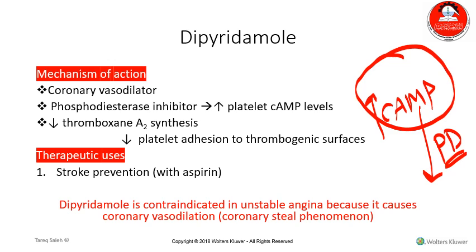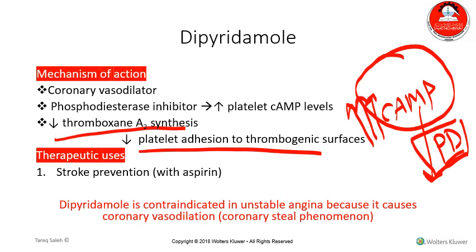By inhibiting phosphodiesterase, which breaks down cyclic AMP, dipyridamole increases the intracellular levels of cyclic AMP inside the platelets, and this keeps the platelet in an inactive state by inhibiting thromboxane A2 synthesis and then platelet adhesion to thrombogenic surfaces. That's why dipyridamole is very useful in the treatment and prevention of stroke or cerebrovascular accidents, usually along with aspirin.